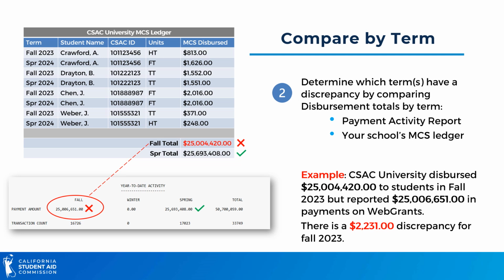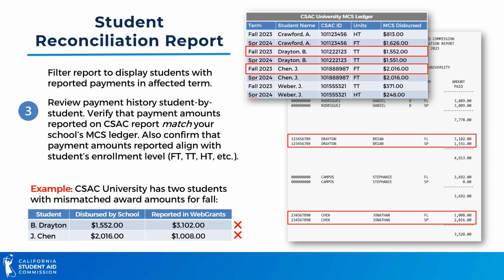Now that CSAC University has identified which term has a discrepancy, they can narrow down the search even further by comparing student by student. To compare disbursement amounts for each student, schools should utilize the Student Reconciliation Report from web grants. This report can be filtered to display students with reported payments by term. Review the payment history student by student and verify that the payment amounts on this report match your school's MCS ledger.